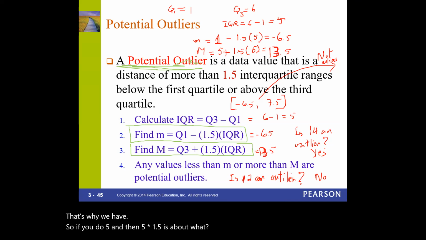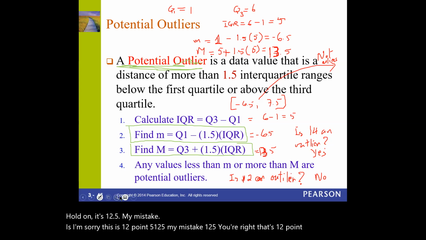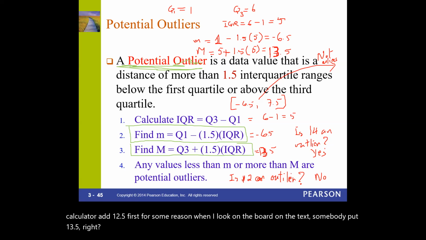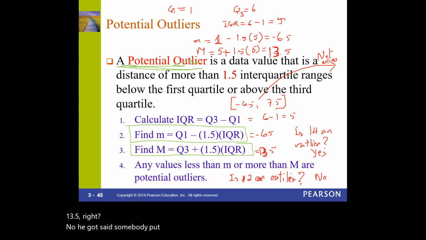Hold on. It's 12.5. My mistake. I'm sorry, this is 12.5. You're right. I did 12.5 in my calculator. For some reason, when I looked on the board, somebody put 13.5 and I got confused.